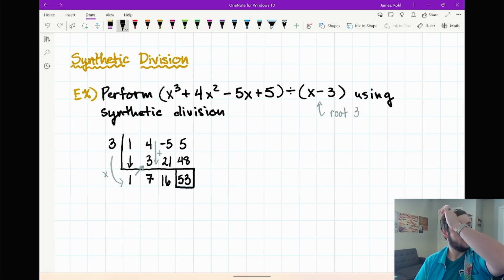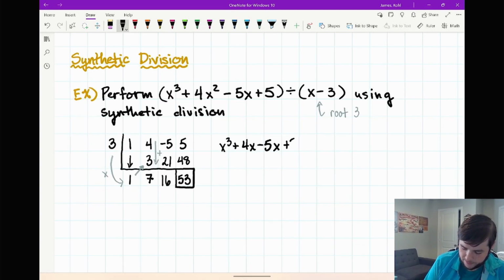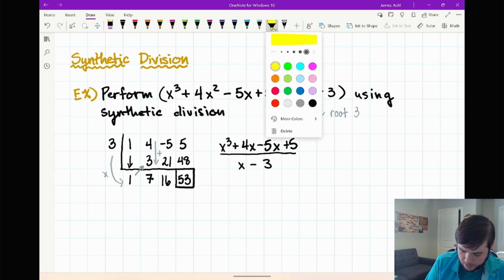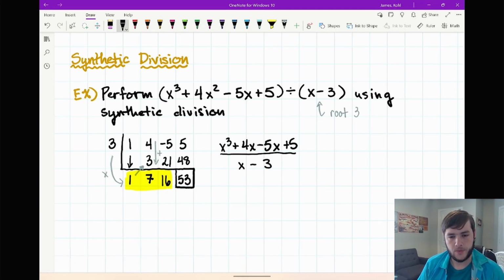Here's why. Here's how I read what we just did. I end up with that x cubed plus 4x squared minus 5x plus 5 over x minus 3 is... I read these numbers off at the bottom, the same way I filled out the top row.